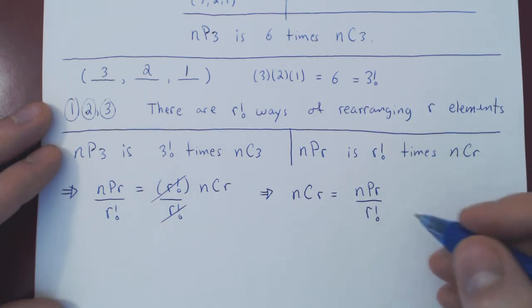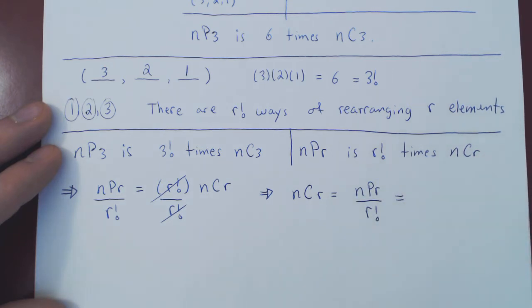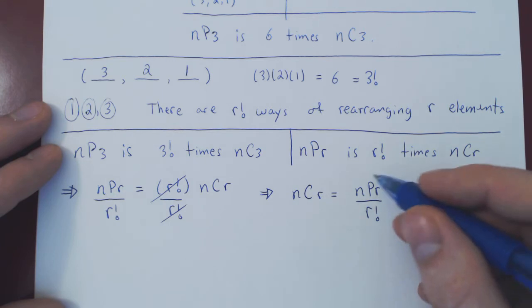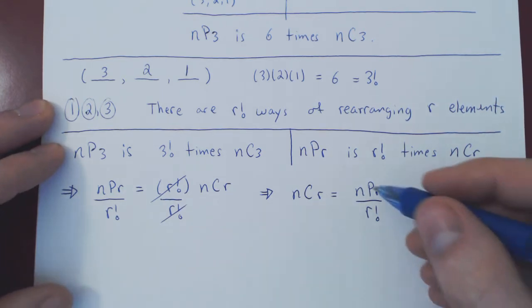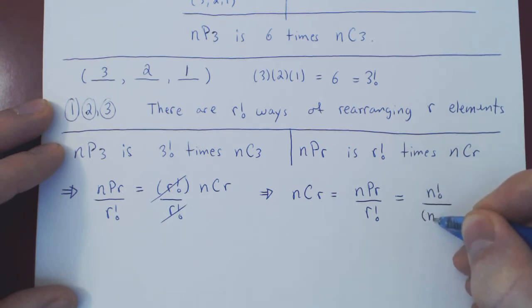And if you want, you can write this using the factorial only, as NPR is a function of the factorial. So if you remember, NPR was n factorial over n minus r factorial.